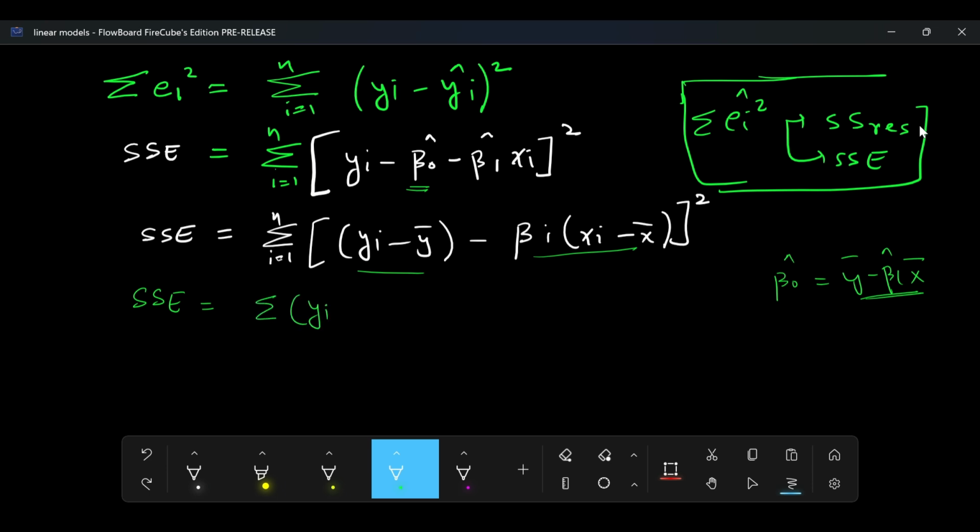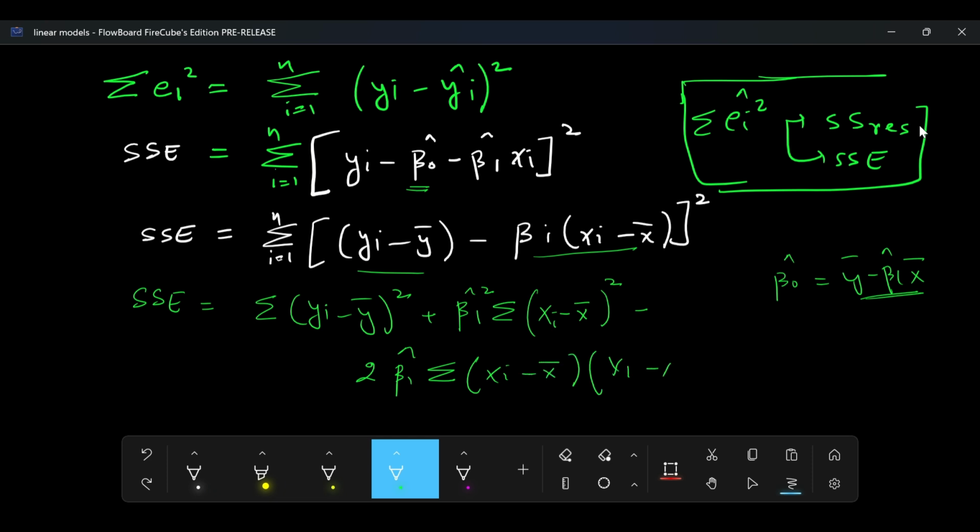So SSE is equal to summation yi minus y bar square plus beta 1 hat square summation xi minus x bar square minus 2 beta 1 hat summation xi minus x bar yi minus y bar. स्मॉल ए ले लो, yi minus y bar. क्या किया मैंने यहाँ पे?